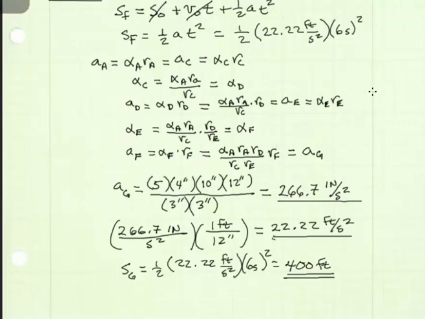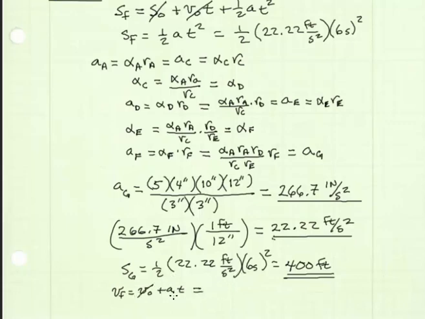But we still need to know what the velocity is of G at the time of 6 seconds. Using our constant acceleration equations, final velocity is equal to initial velocity plus acceleration times the time, which in this case, our initial velocity is 0.